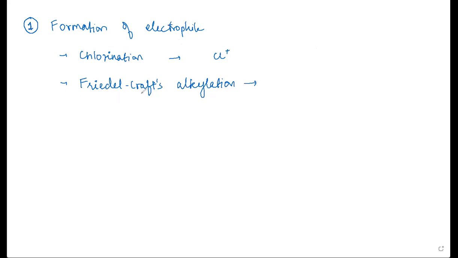The electrophile. First step, formation of an electrophile, right? So what is the electrophile being formed during Friedel-Crafts alkylation? You don't remember? None of you? In alkylation, what is being added to the benzene? Like, what is the final product?